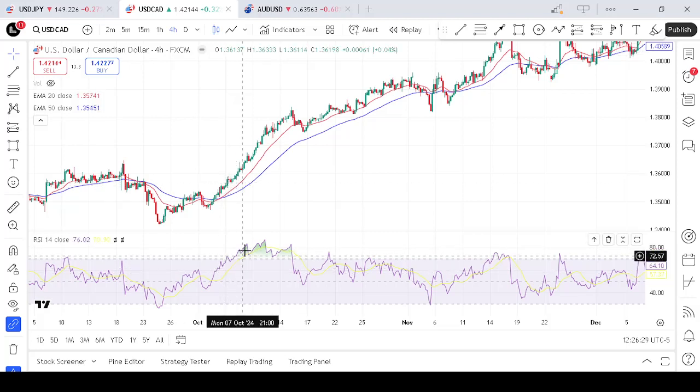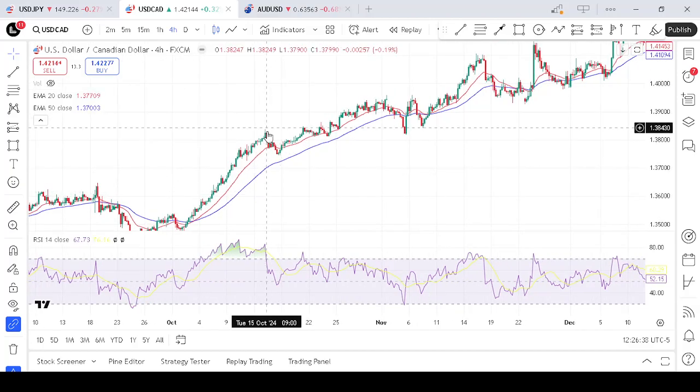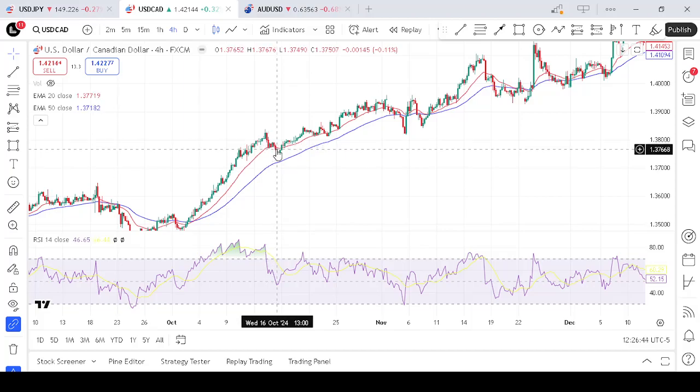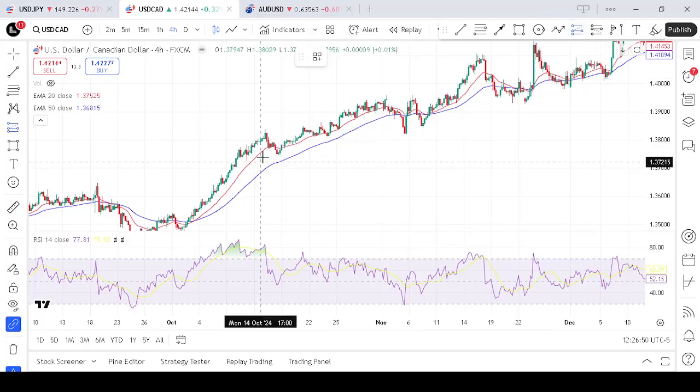We look at our RSI, and our RSI is trading above the 60 mark. What we need to do is to wait for price to pull back to the 20 EMA before we take our trade. When price got to this area, we enter our long position.